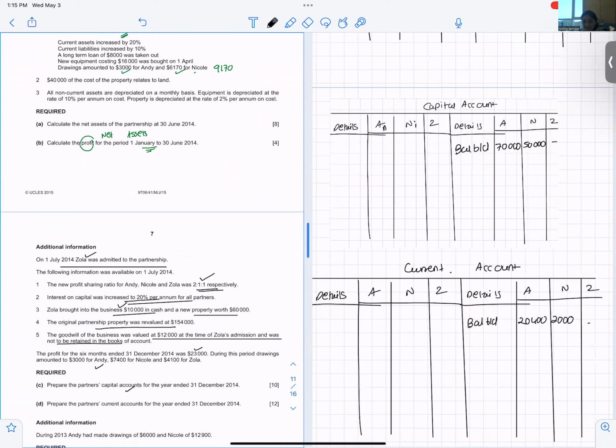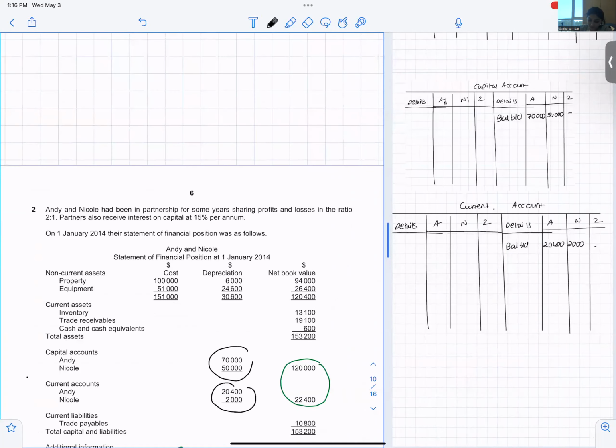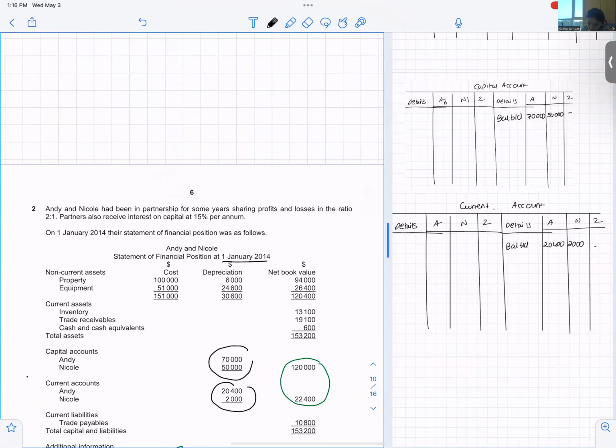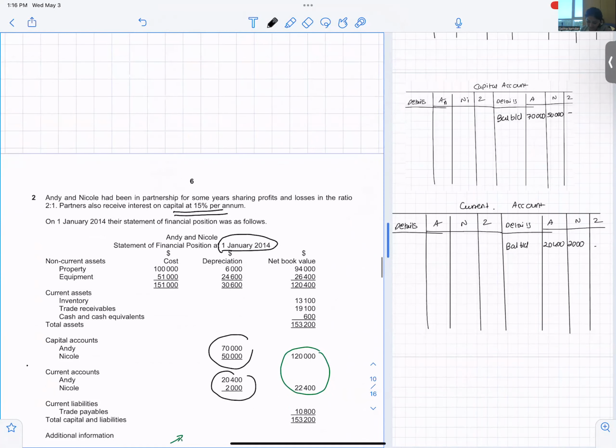Now let us see what is the interest on capital initially. They have not told us anything about interest on capital initially, but if you see, I have the statement of financial position on 1st Jan. Old interest on capital was 15%.